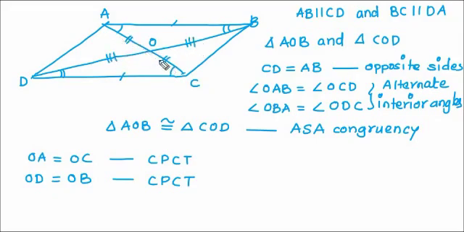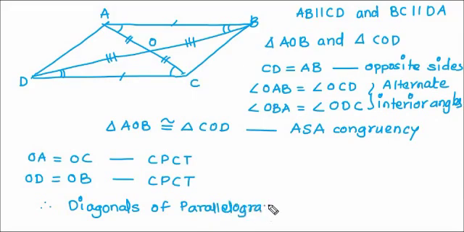So they are bisected, and therefore the new property of a parallelogram is diagonals of a parallelogram bisect each other.